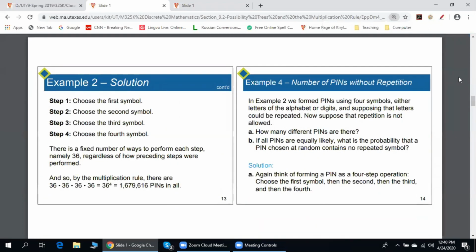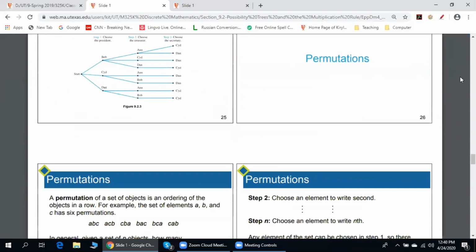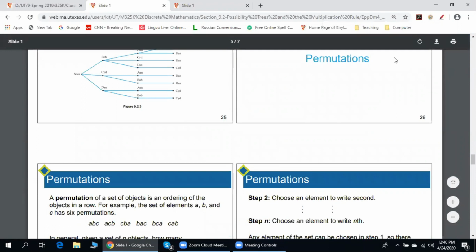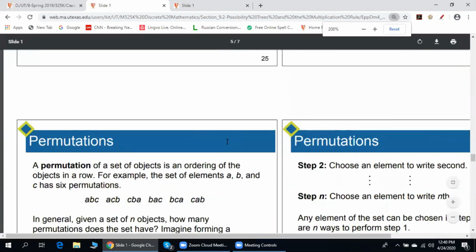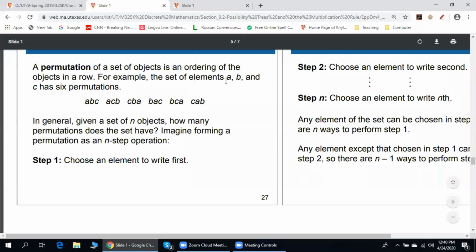Now let us continue our discussion of the multiplication rule. Permutations. A permutation of a set of objects is an ordering of the objects in a row. For example, the set of elements A, B, and C has 6 permutations: ABC, ACB, CBA, and so on.